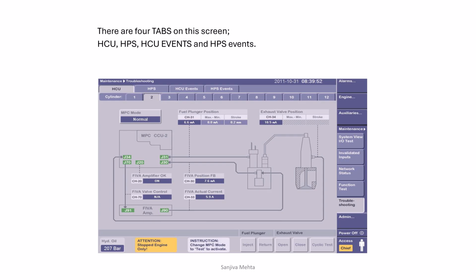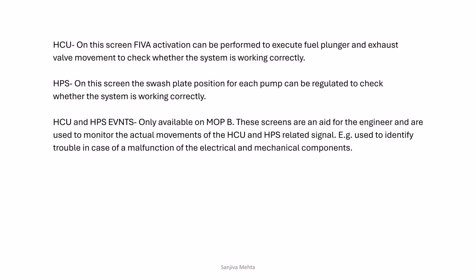So you can compare what the values were last time and what you are getting now. Fuel plunger position. On this screen, FIVA activation can be performed to execute fuel plunger and exhaust valve movement to check whether the system is working correctly. This value will be shown, which I was showing in the last screen.